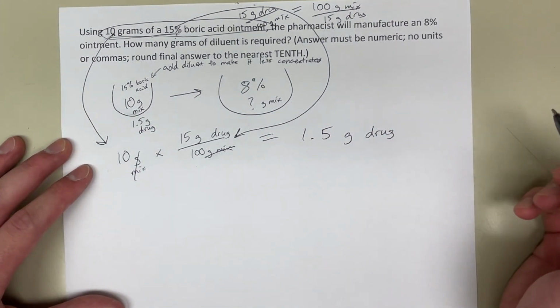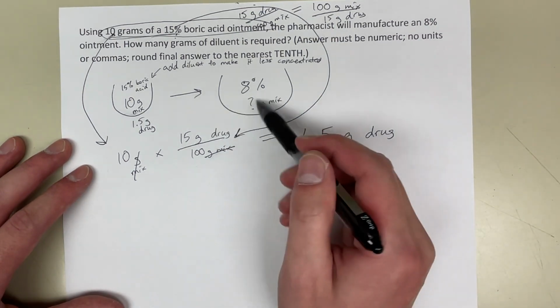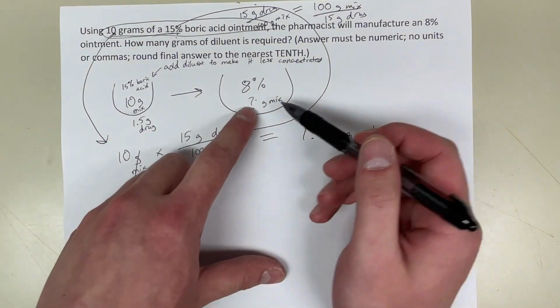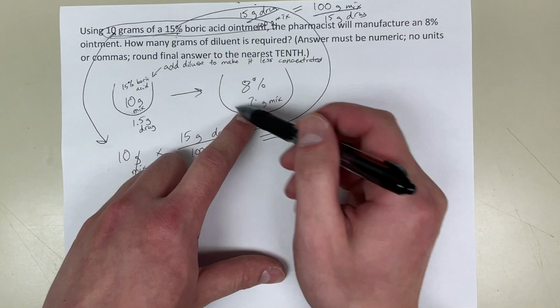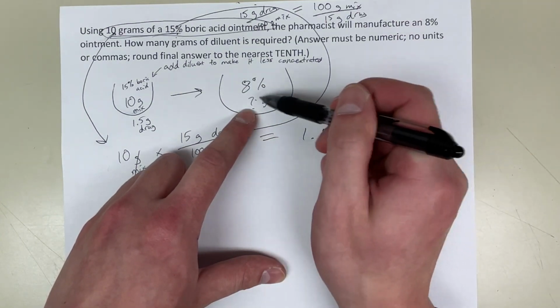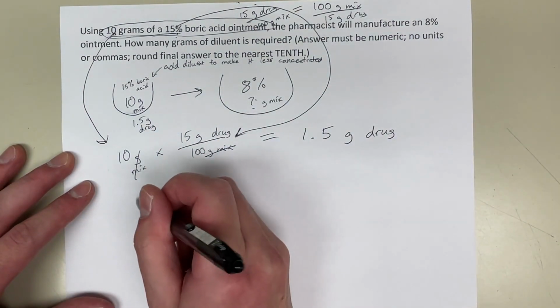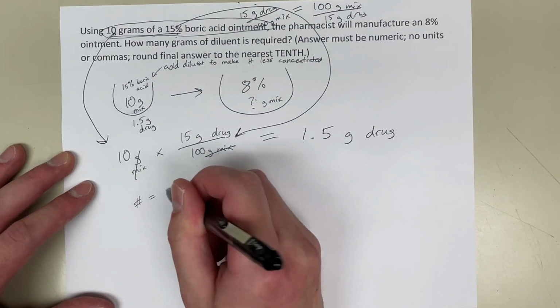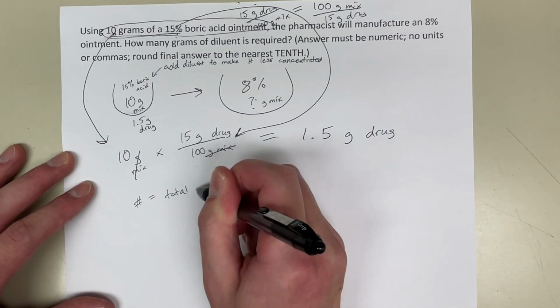So now I want to find out how much diluent to add. But first I'm going to find out the total amount of grams in this whole new thing to make it 8%. So I'm going to denote a number sign equals the total grams of mix.